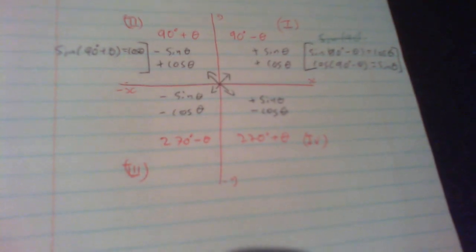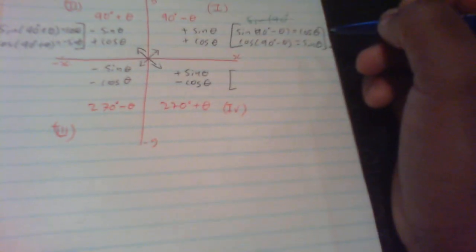And then when I now have sine of 90 plus theta, it is going to be equal to cos of theta. And when I have cos of 90 degrees plus theta, it is now negative sine of theta. And I can also do the same for 270 plus.